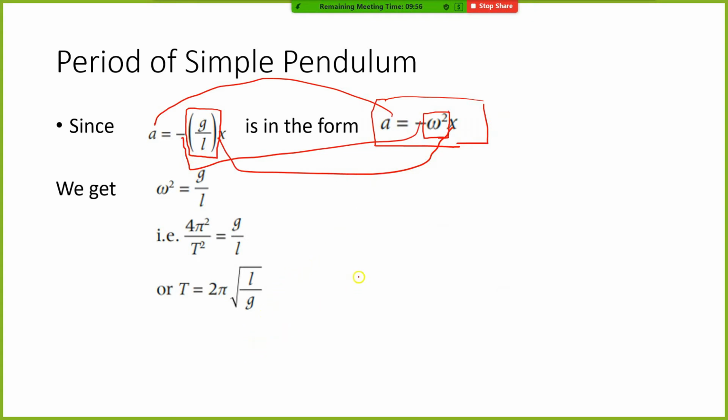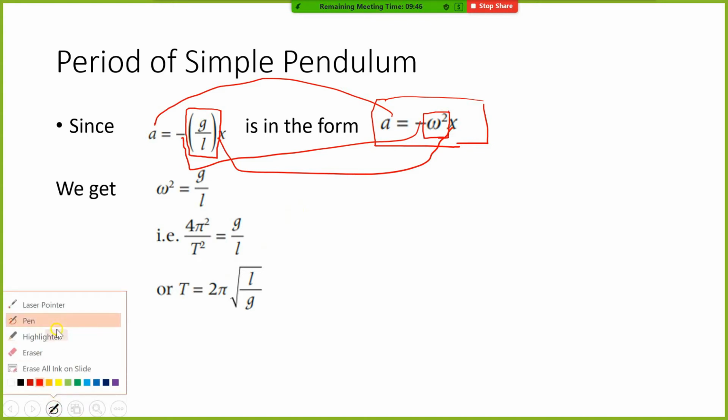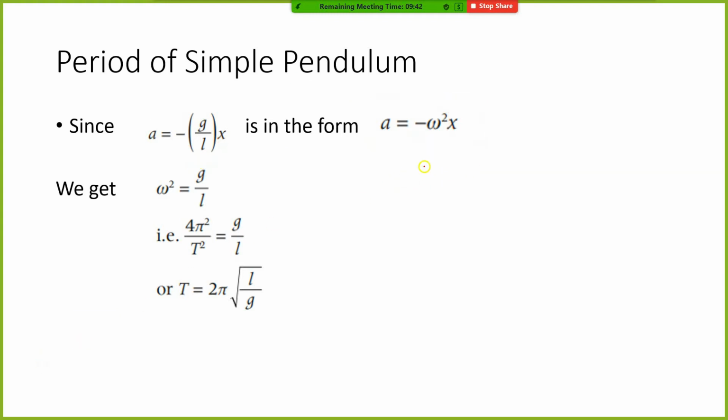Because it's in the same format, we are basically comparing the things. Or we could even do it another way, just to show you what's happening here. One of the things we could do is equate them together.